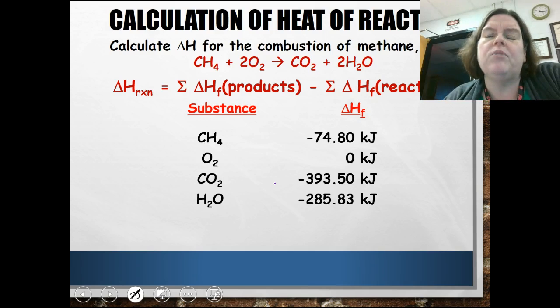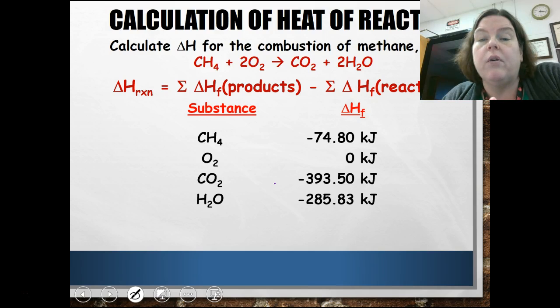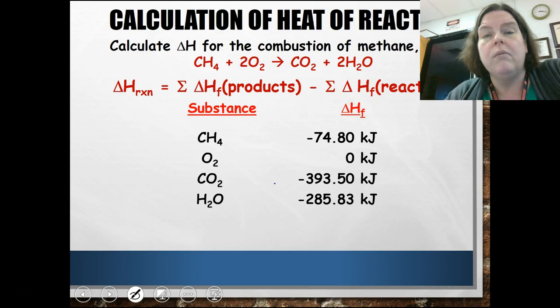So we're given information about the delta H of formation of all of these things. So I see the delta H of formation of CH4 is negative 74.8, okay? O2 is 0 because it's elemental. Any elemental is 0 formation because it just occurs like that. CO2, we see the formation of that one, and then H2O, we see the formation of that one. So what are we going to do? Well, first of all, we have to think about stoichiometry.